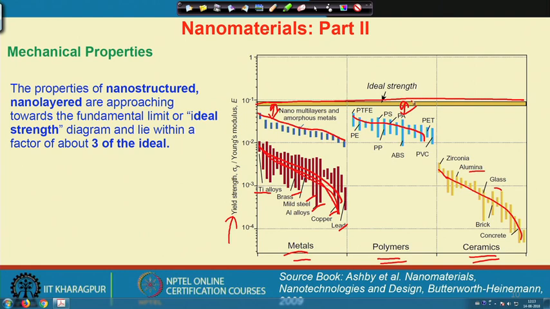These values are about a third of the ideal. However, we have no chance to go beyond that, as that is a theoretical limit. So, using these different types of nanomaterials, the mechanical properties could be improved to a great extent, and we can reach close to the theoretical limit of the strength of the materials.